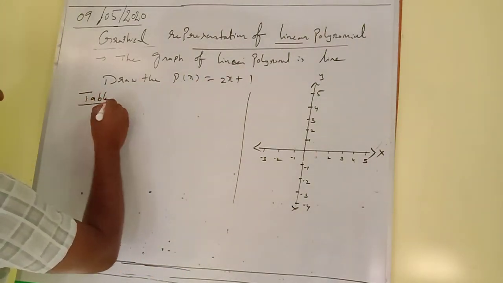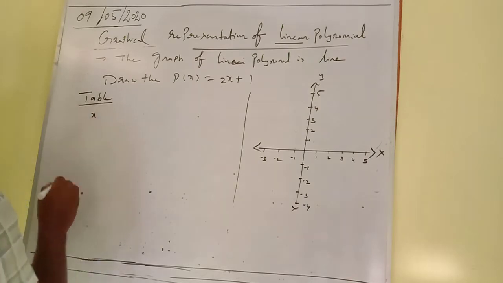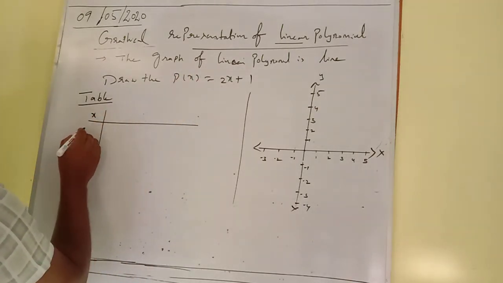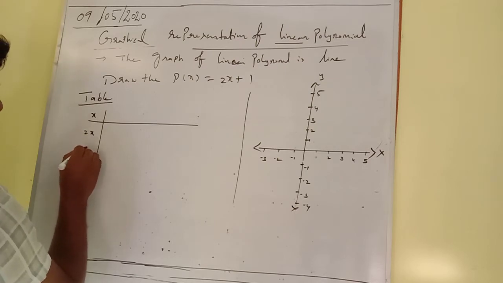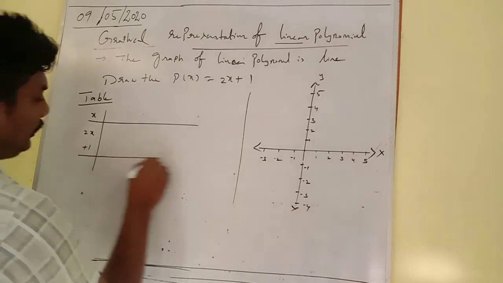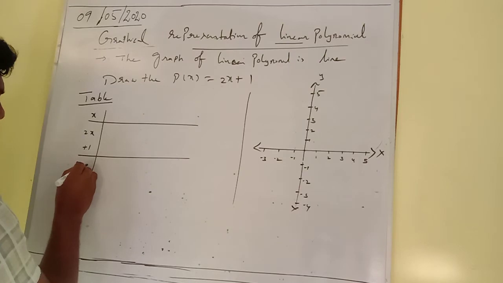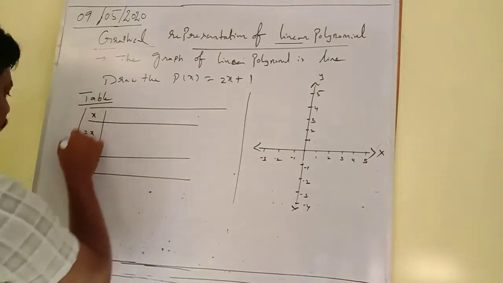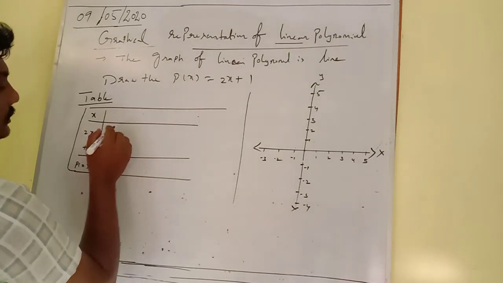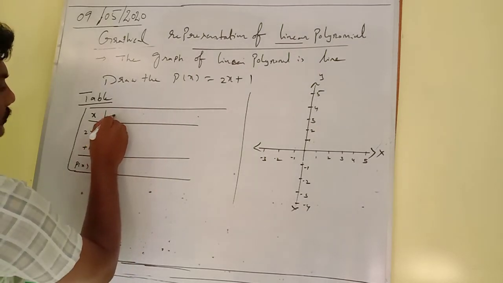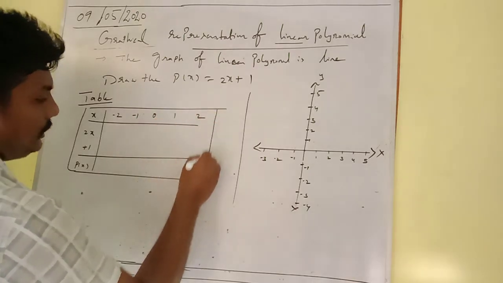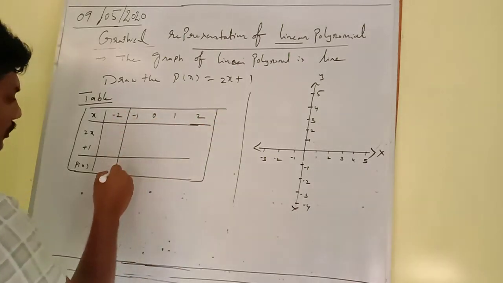First we take the x values, then 2x values, and then plus 1 values. Finally we get the p of x values. The x values we are going to consider are minus 2, minus 1, 0, 1, 2.